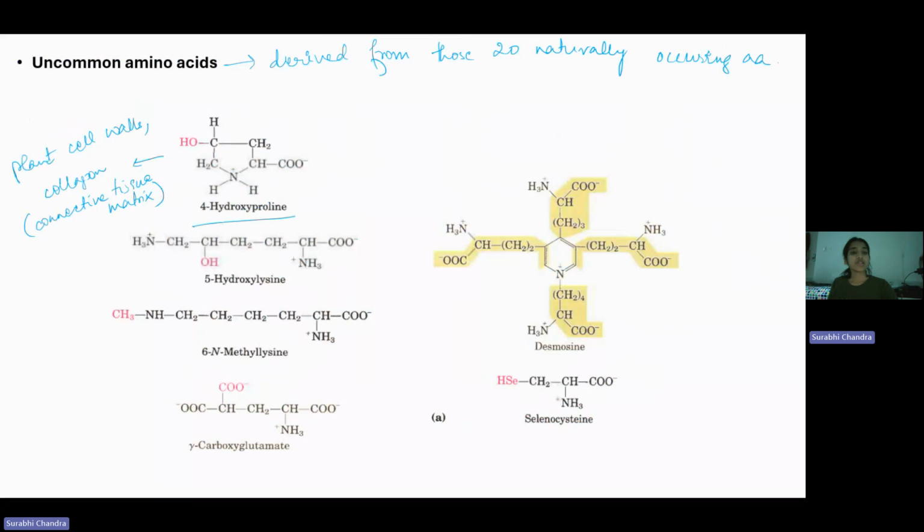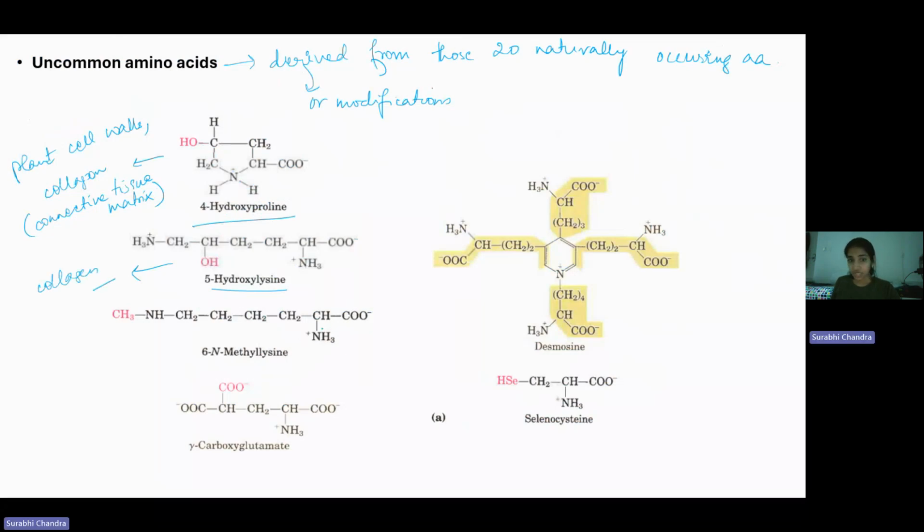Then we have hydroxylysine, which is again a modified form, derived through different kinds of modifications present on these amino acids. So 5-hydroxylysine is a modified form of lysine, which has been found to be present in collagen.